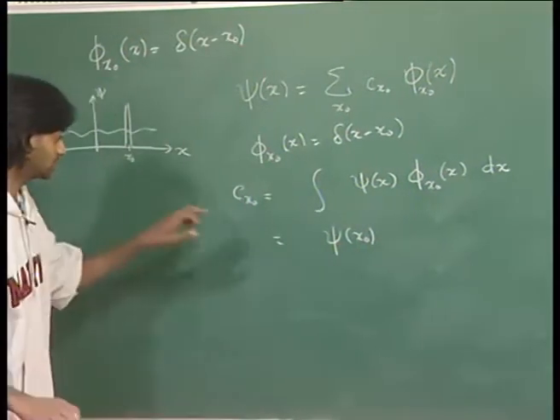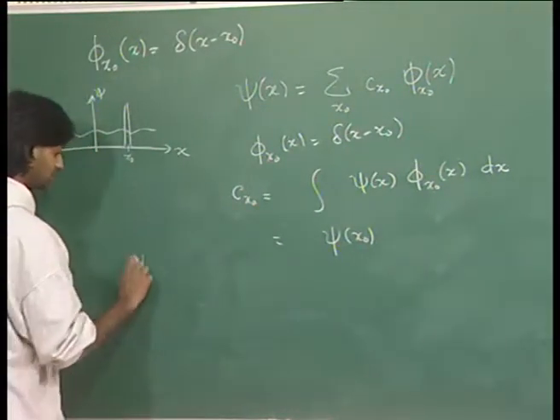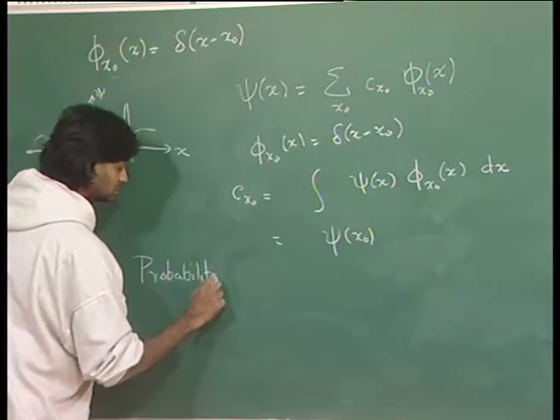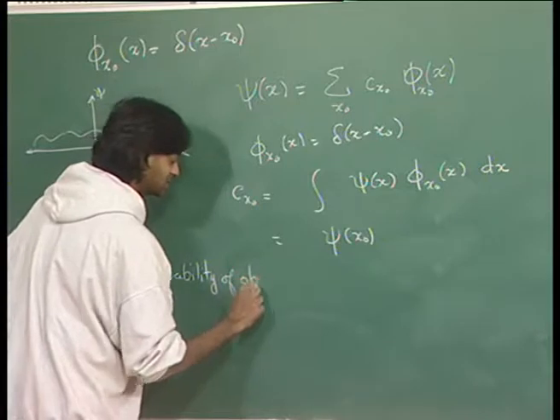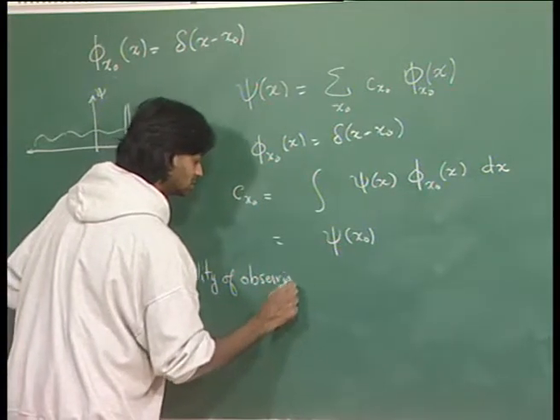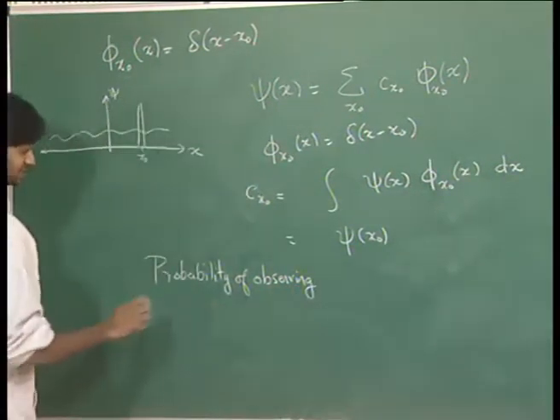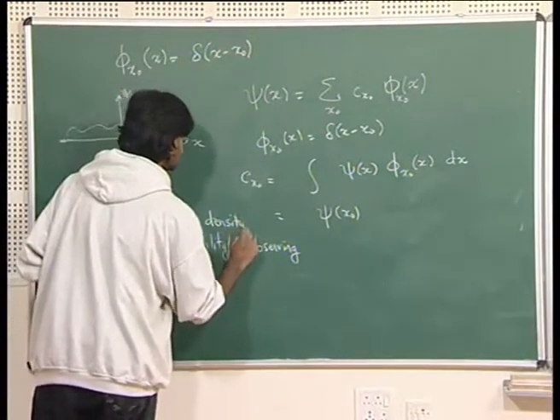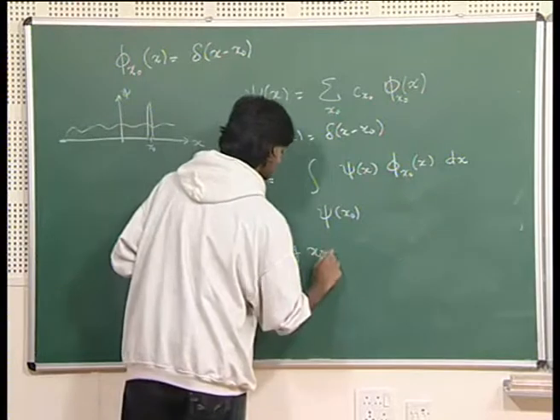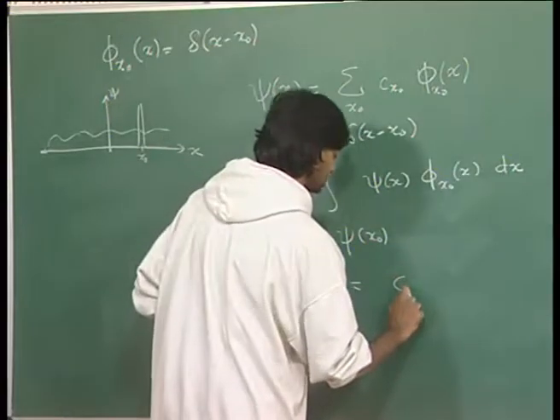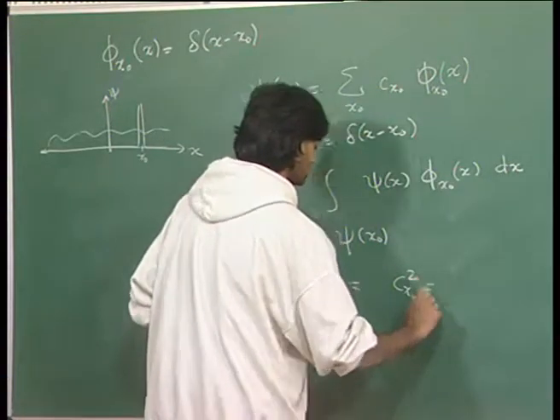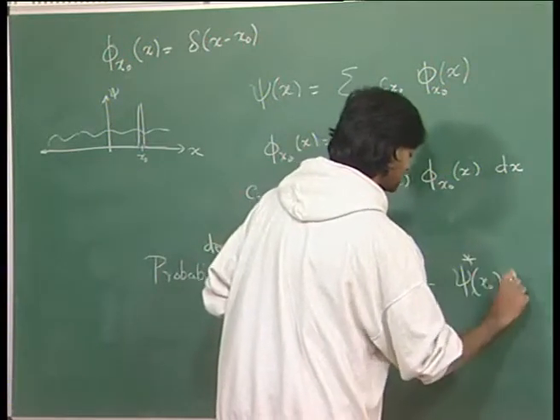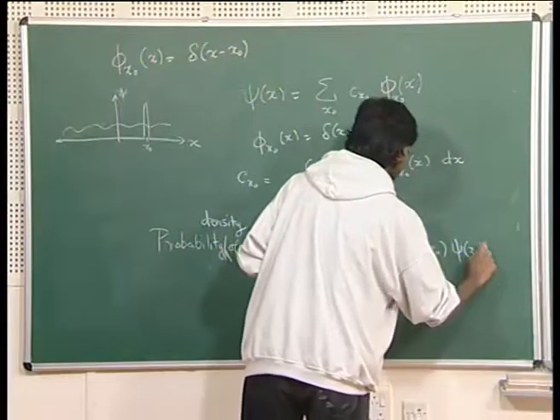Okay. So, now the probability density of observing x0 is equal to c of x0 squared, and this is equal to psi of x0 star times psi of x0. Okay.